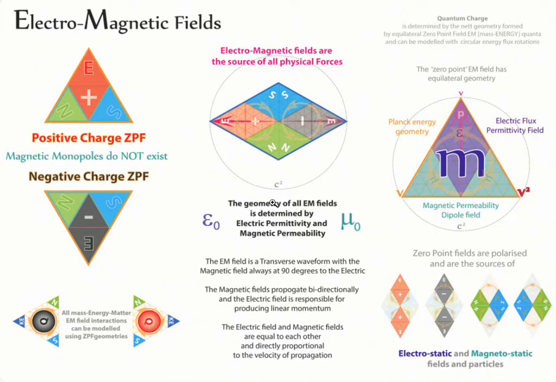All electromagnetic fields, as discussed in ebook 1, Quantum Mechanics, can be broken back and summarized according to this page. We have positive and negative charges as discussed. There are no magnetic monopoles. The interactions of the fields themselves and particles can all be modeled using the equilateral geometry of Tetryonics.